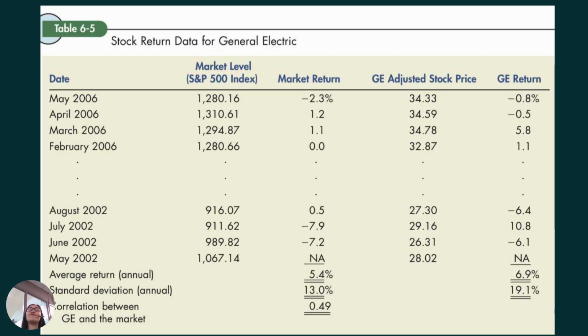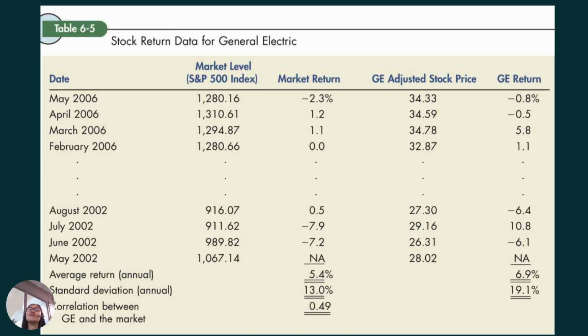As we noted before, it is usually unreasonable to think that the future expected return for a stock will equal its average historical return over a relatively short period, such as 4 years. However, we might well expect past volatility to be a reasonable estimate of future volatility, at least during the next couple of years.